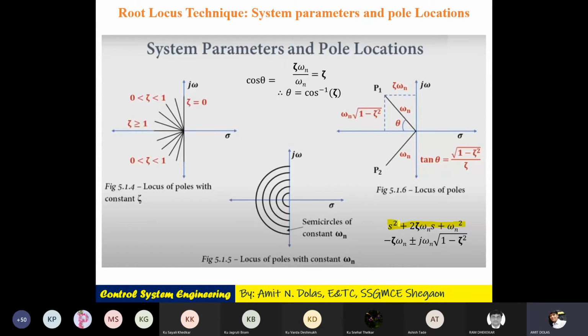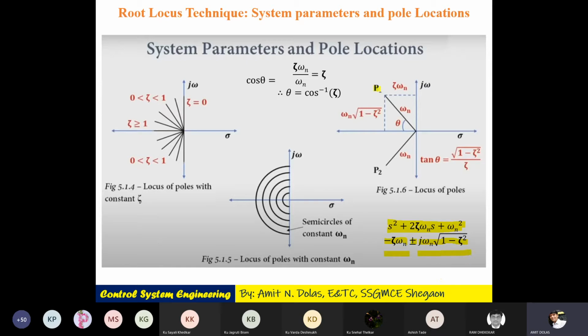And if you calculate the roots of this, of course they will be complex conjugate. Don't worry about the values right now. We are moving towards the concept of the root loci. So if you calculate, it will be minus zeta omega n plus minus j omega n under root of 1 minus zeta square. So you can see this is the real part, this is the imaginary part.